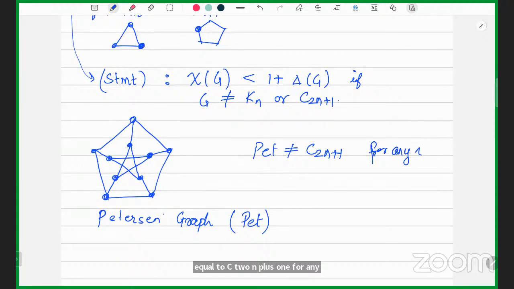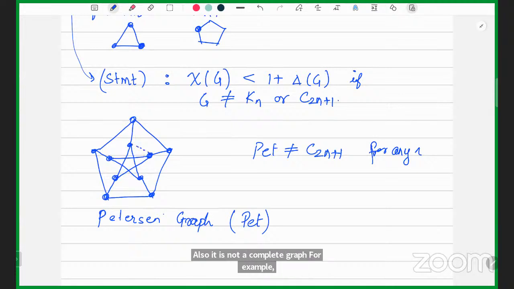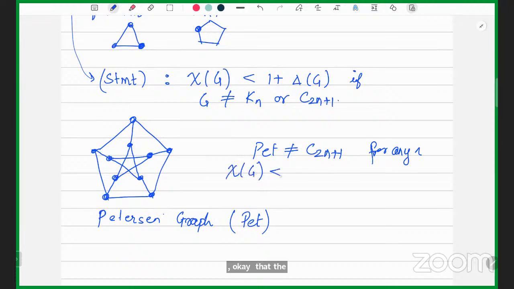Also, it's not a complete graph. For example, this edge is absent. So this tells me that the chromatic number of G is strictly less than 1 plus delta(G).